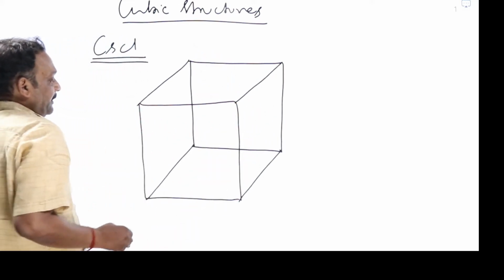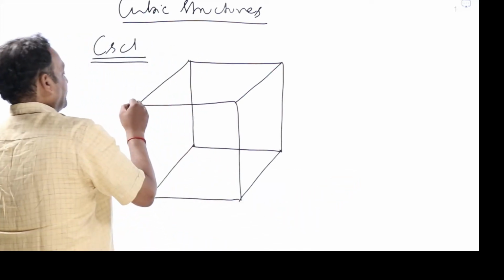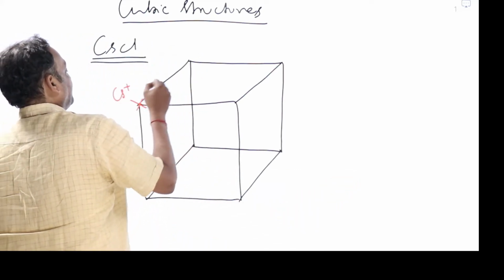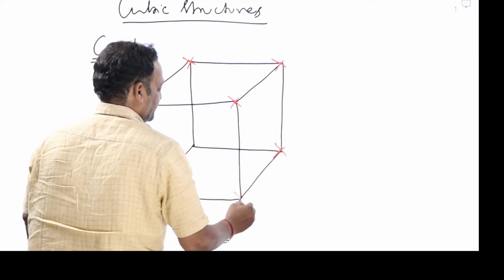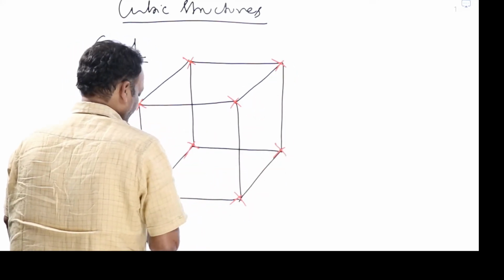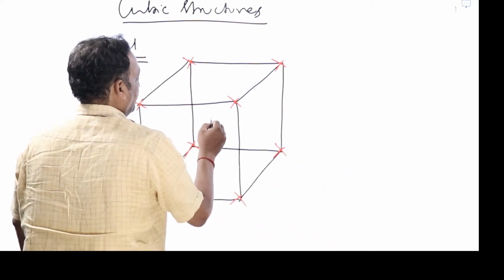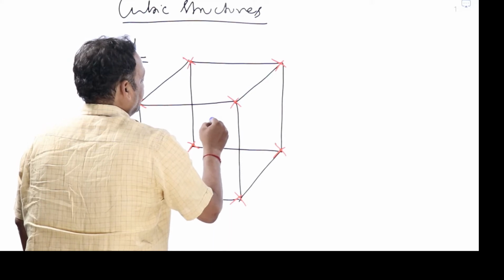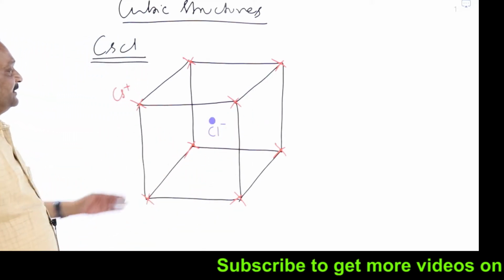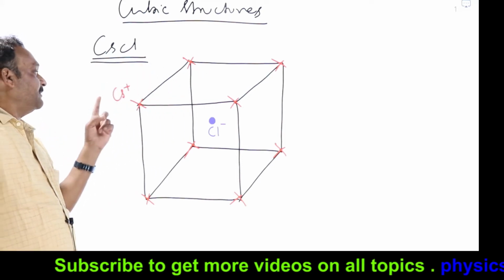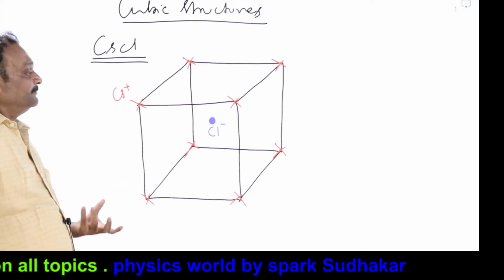There will be 8 Cs plus ions on the 8 corners. These red dots are all locations of Cs plus ions. One additional lattice point is present at the body center, which is nothing but a Cl minus ion. So on the 8 corners we have Cs plus ions and at the body center we have one Cl minus ion.